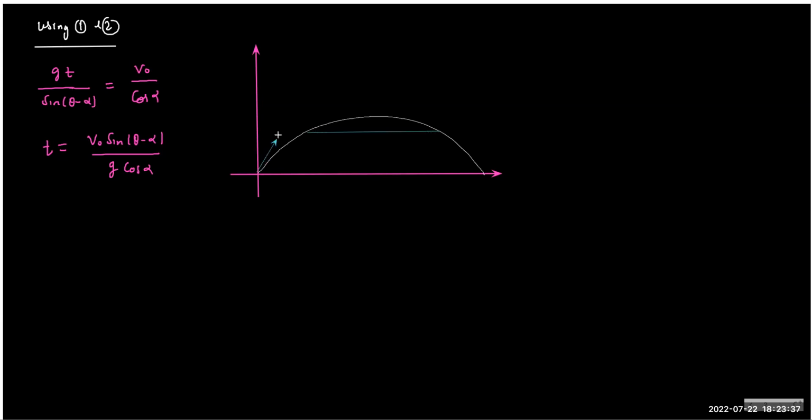So if I say that this was v naught and this was theta, and if I say this is v and this is alpha, while coming down, it will again form alpha, but below the horizon, because of symmetry. So you got the answer for this t.